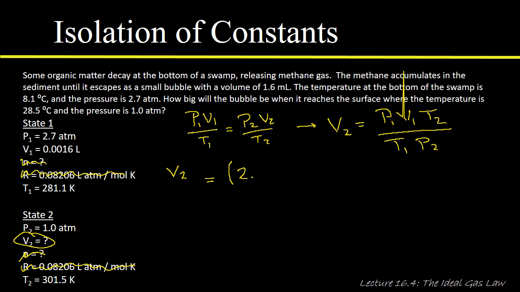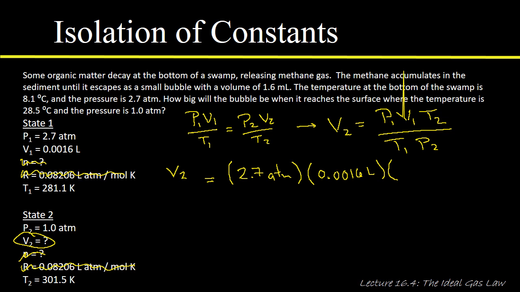So you've got to be really careful with your 1s and your 2s when you do this. P1, that's our initial pressure, is 2.7 atmospheres. V1, our initial volume, is 0.0016 liters. T2, that's our final temperature.